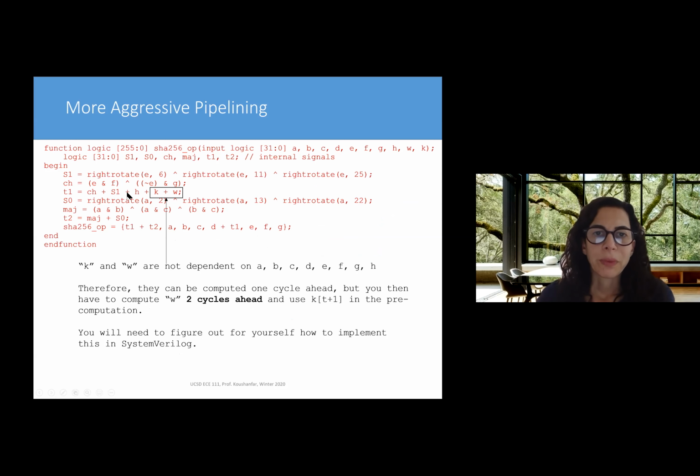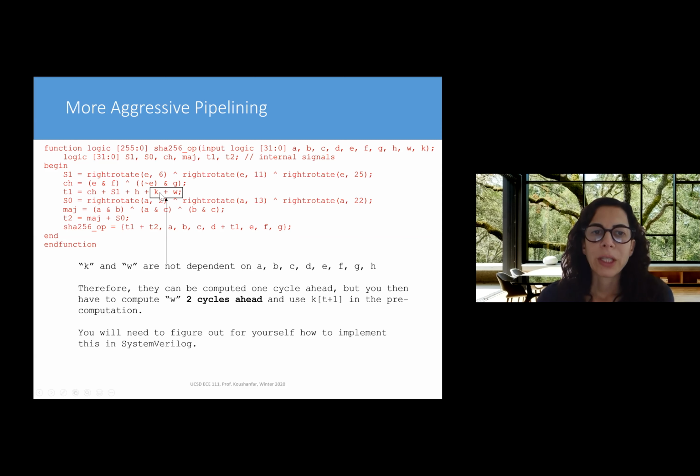So remember, we have the rotations, and then we have these intermediate variables. And what you see here is that when we compute this value T1, as you have in the description of the function, these values have to be computed: the H, the S1, and CH.